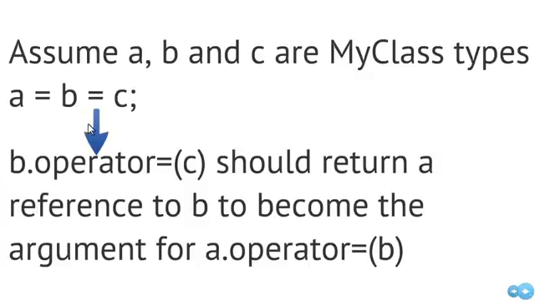So the first thing that would happen is we would have this particular operation occurring here, where the overloaded assignment operation is being performed on this object B, and C is just simply our argument.